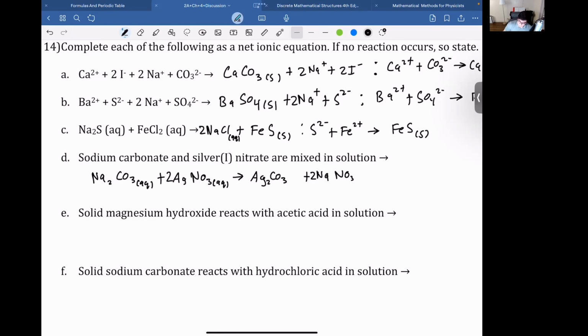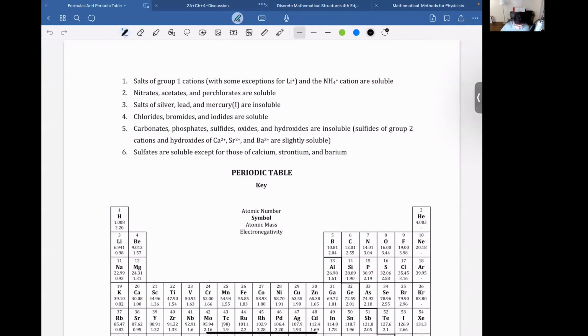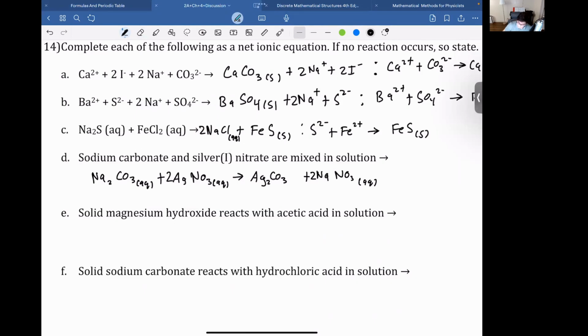Then we check our solubility rules. I know this one's already aqueous because it's paired up with sodium. And then we check silver carbonate. Carbonates are insoluble, and we don't have any exceptions here. This is solid. So the net ionic is going to be 2Ag+ plus carbonate yields Ag2CO3 as a solid. And that's it.